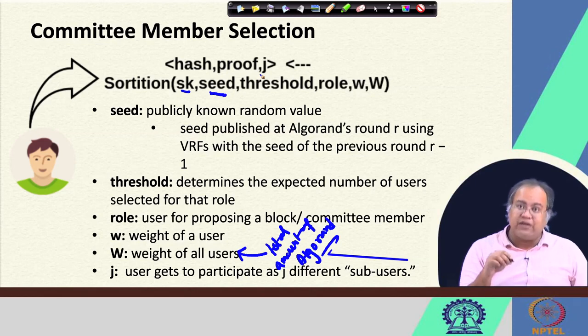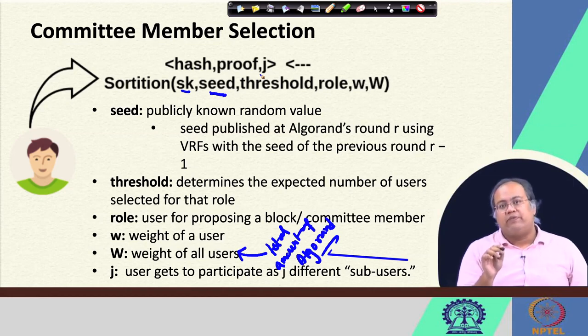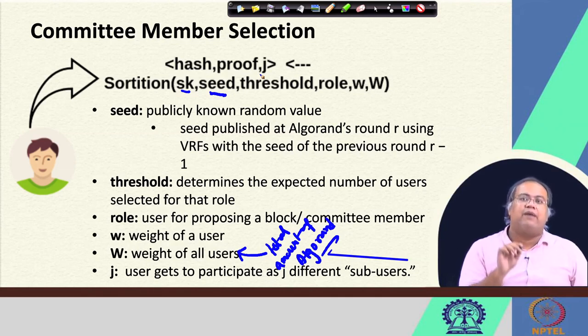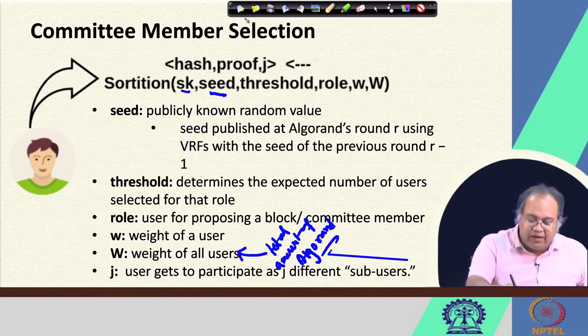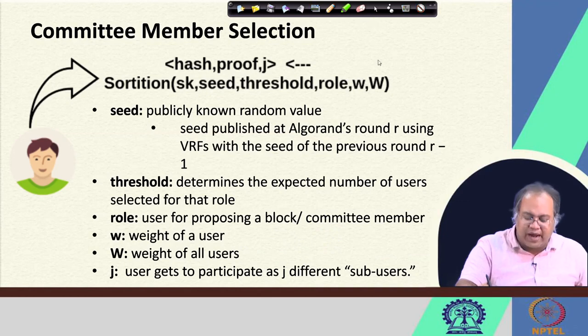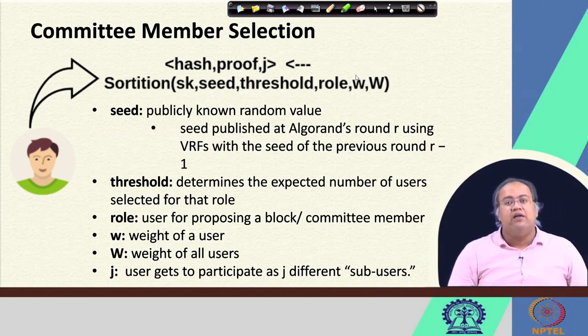I have the hash and the corresponding proof, which help me validate that I have run the cryptographic sortition mechanism correctly with the help of the verifiable random function, and that whatever information I am going to claim through the gossip protocol is correct. So this is the core idea behind cryptographic sortition, through which the committee members get selected.